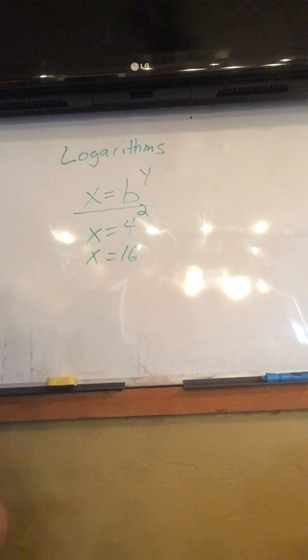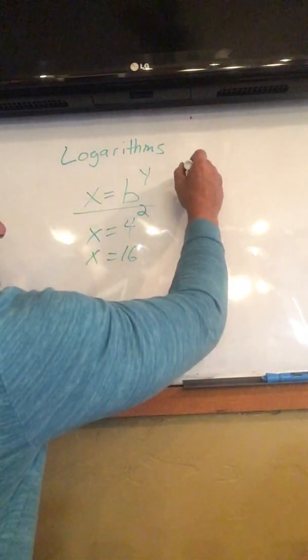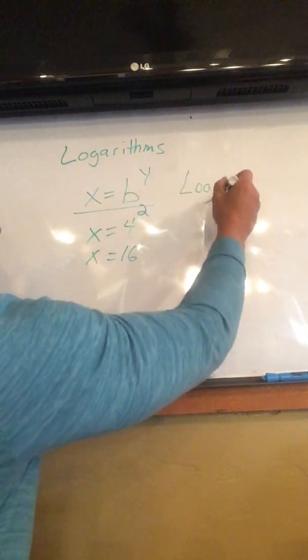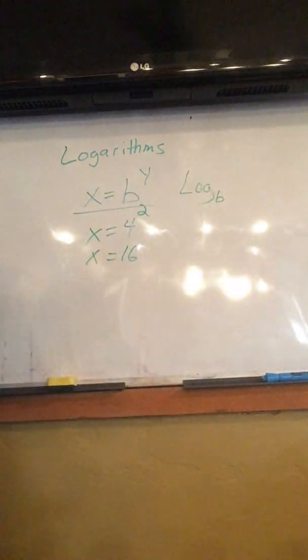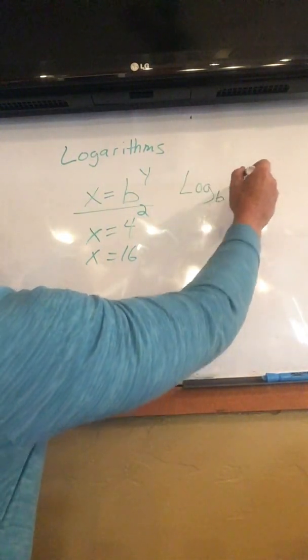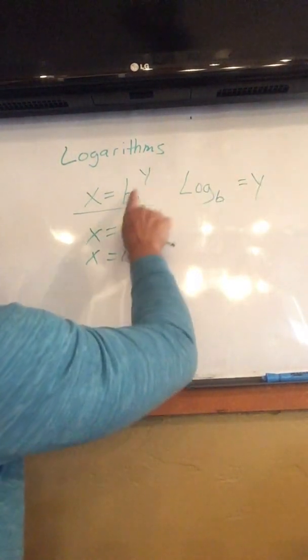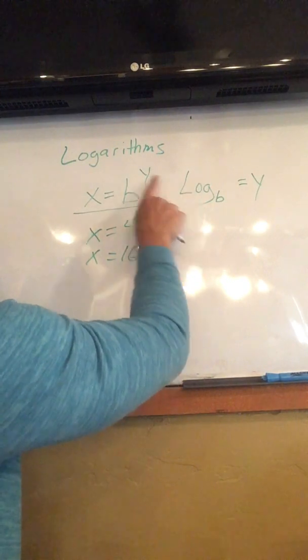So again, this is how I do it so I can keep myself organized. I know the b is the base. Okay, so we're going to call the log. We're going to put b in that base spot. And we're going to have an exponent, which is y. Okay, and an exponent and a log are the same thing.